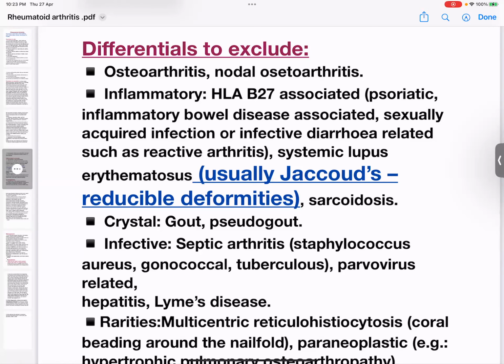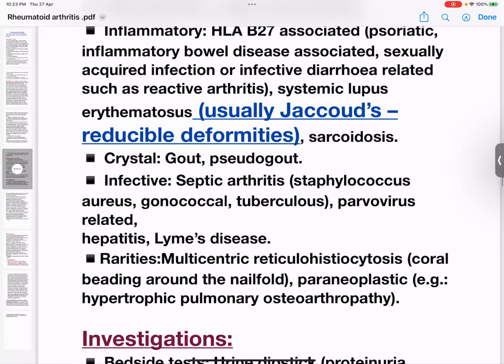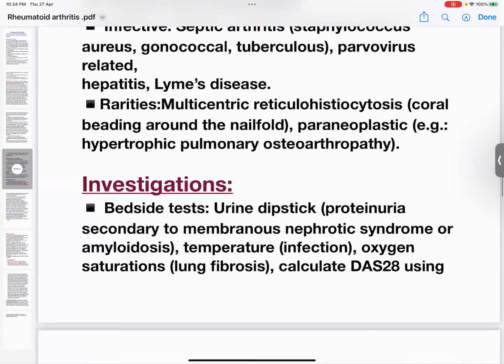Crystal gout and pseudogout, infective septic arthritis, Staphylococcus aureus, gonococcal, tuberculosis. This is infective or reactive arthritis. Parvovirus-related hepatitis, Lyme disease, and rarities, some rare conditions such as multicentric reticulohistiocytosis. So this is not a common case for the exam.